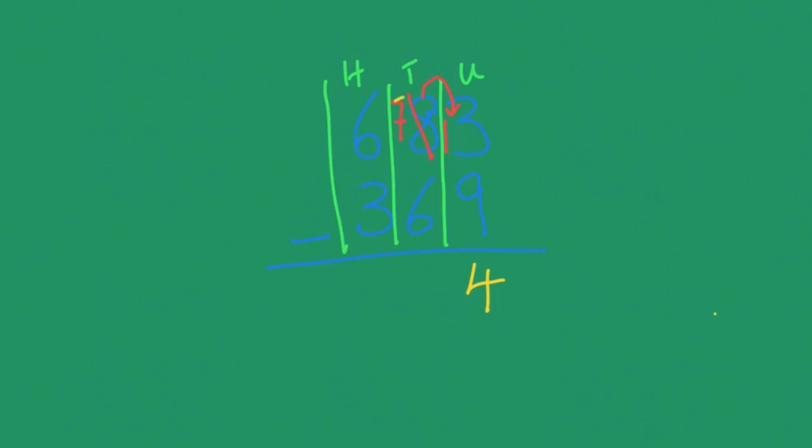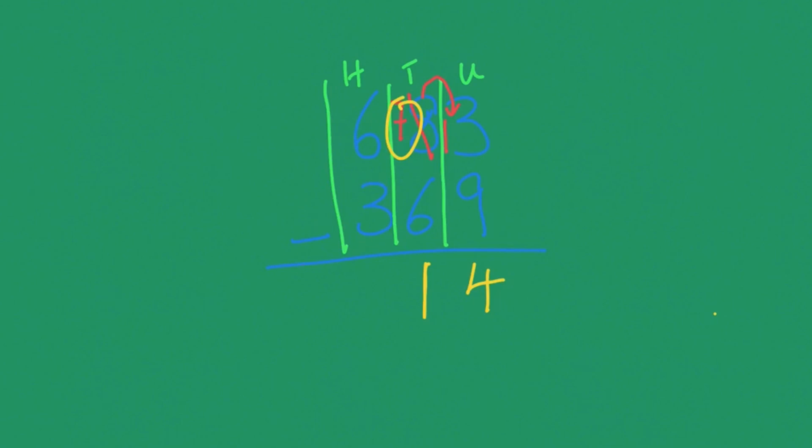And now we're left with 7 over here. Okay, so let's look. 7 minus 6 gives me a 1. Very possible to do. We don't need to borrow over here. And let's go back to the hundreds. 6 minus 3. Is that possible?